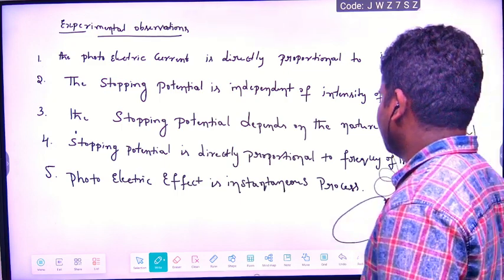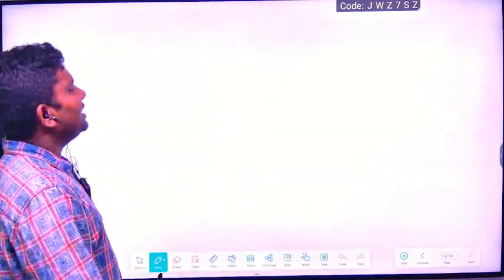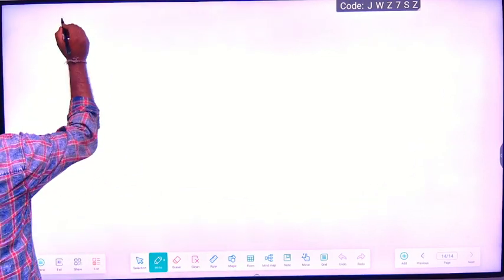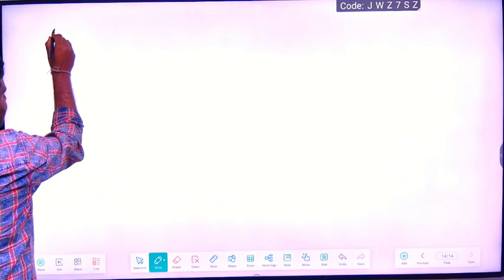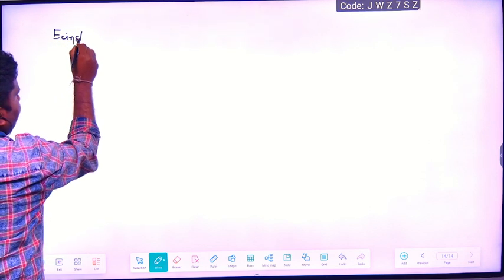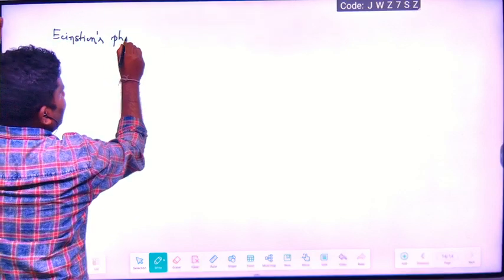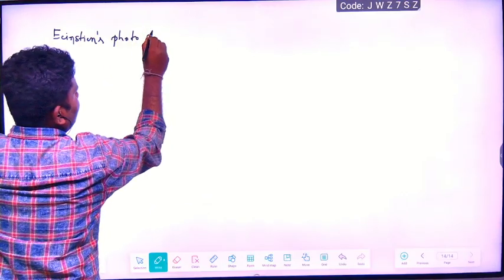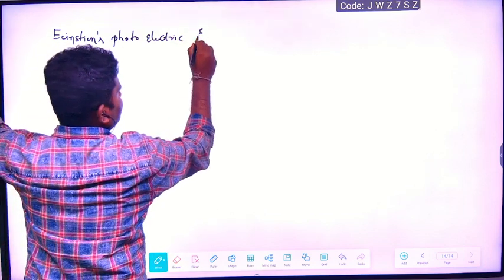Please write Einstein's photoelectric equation.